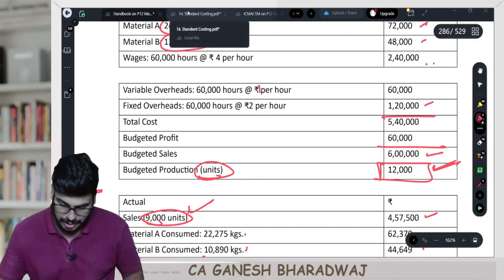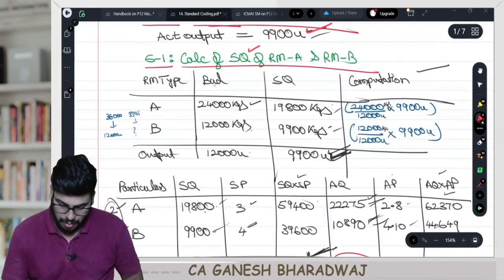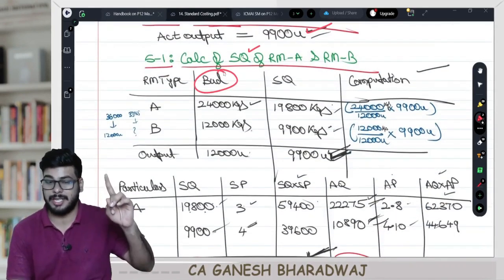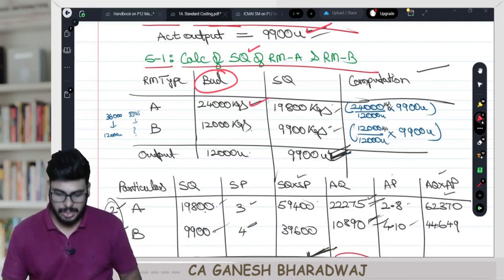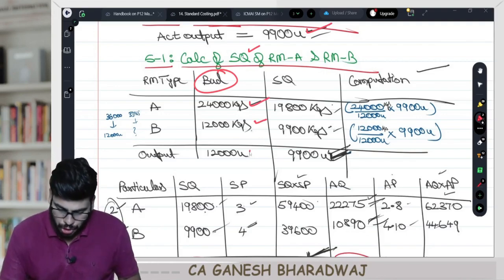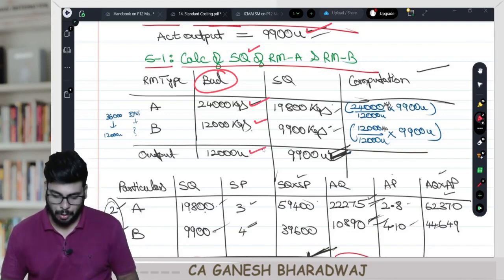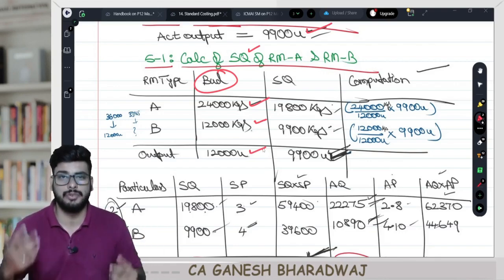Now the budgeted data is actually not standard. If you consume these two, you will effectively get an output of 12,000 units, not 12,000 kgs.